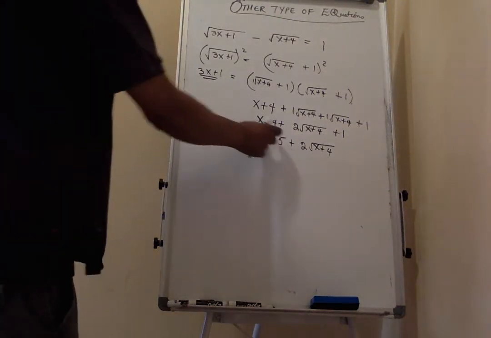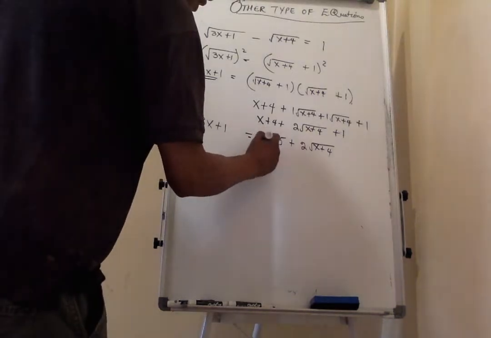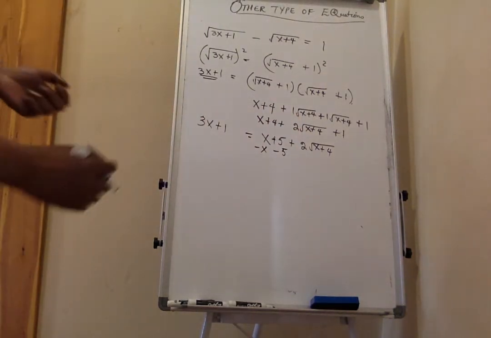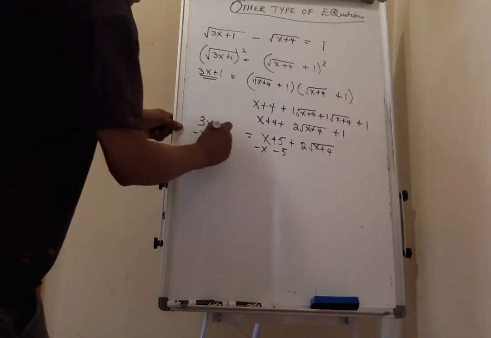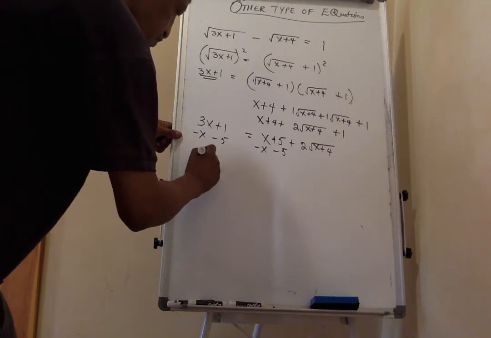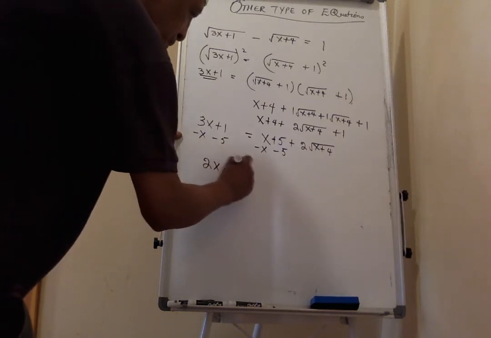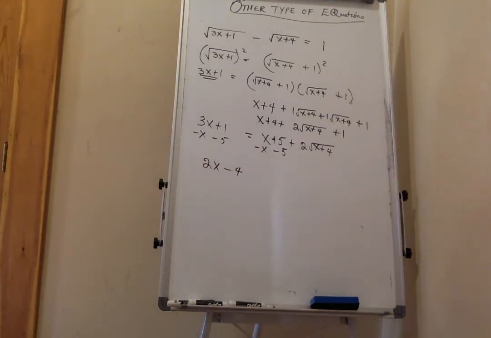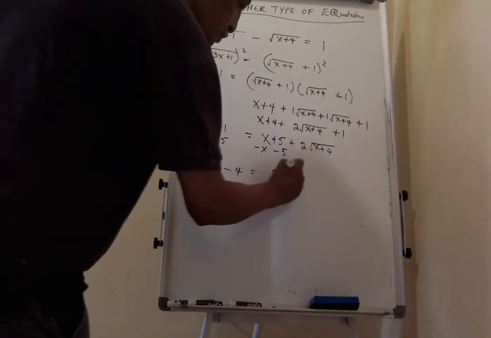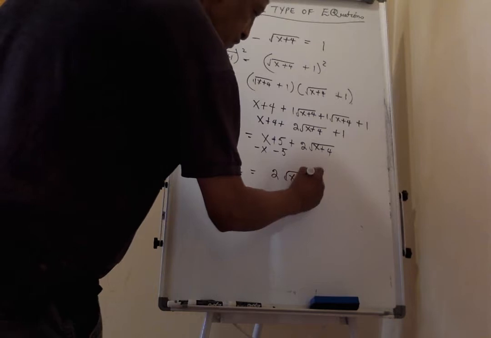Now move x plus 5 to this side, meaning what? You are taking minus x and minus 5. So this will give us 2x minus 4, right? And that is equal to 2 times the square root of x plus 4.